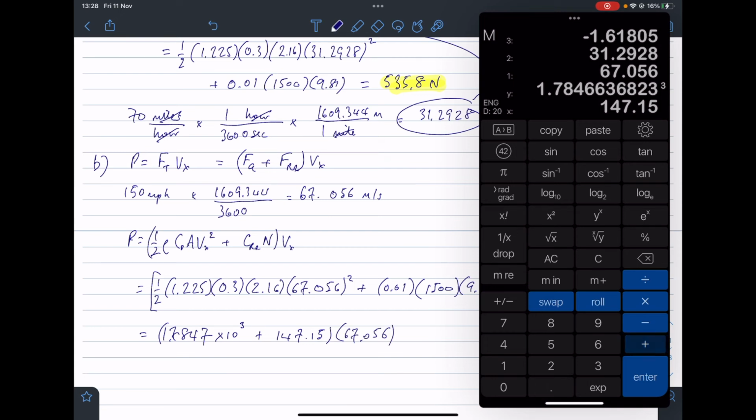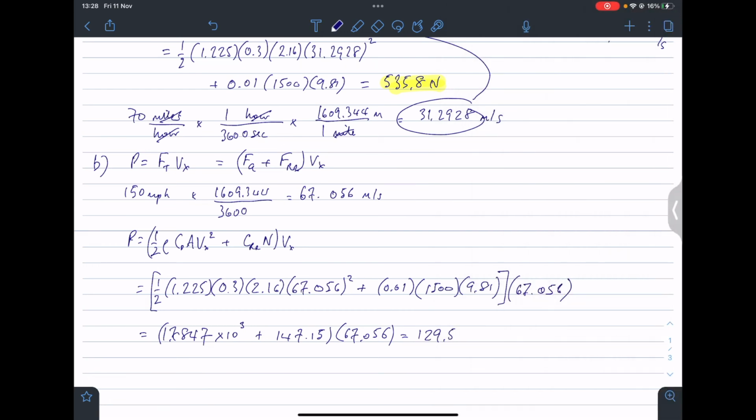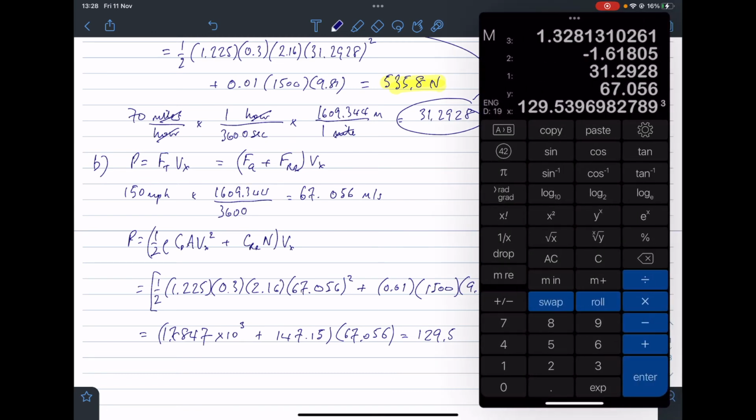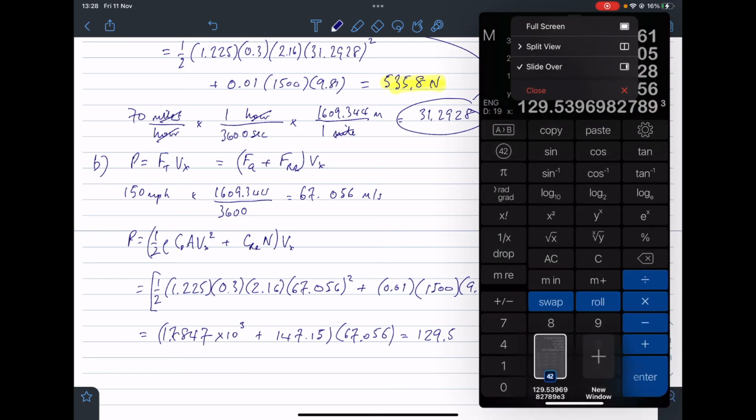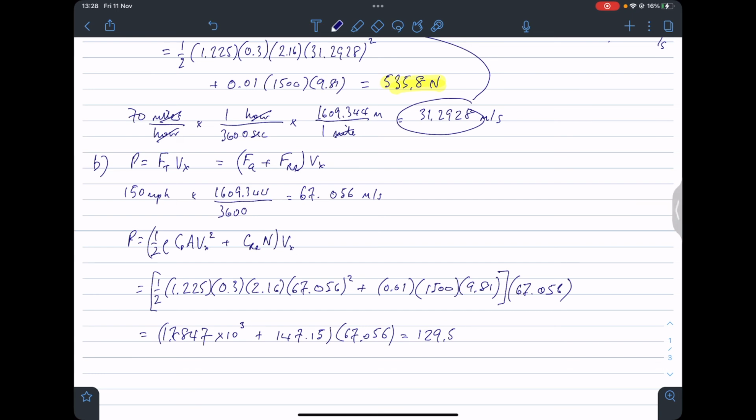So we add those together. Okay, so there's the power required at the wheels. The wheel power will be the same as the power required at the engine at 150 miles per hour.